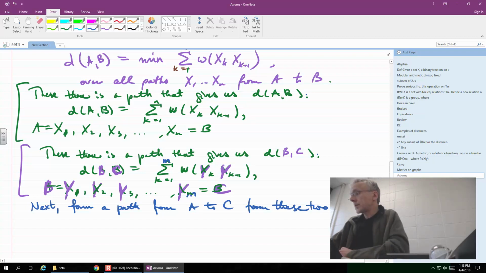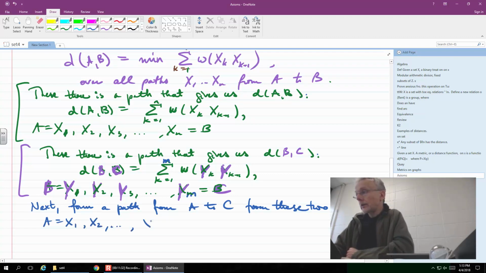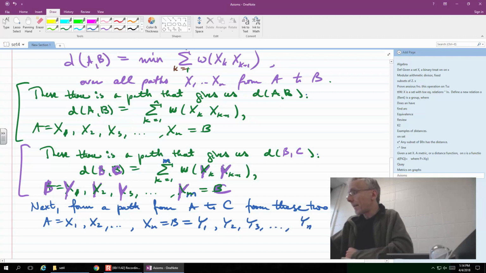So you can be very specific. So A is equal to x1, then it is x2 on, xn is equal to B, which is also equal to y1. And then you go on y2, y3, on, and you have ym, which is C. Right?